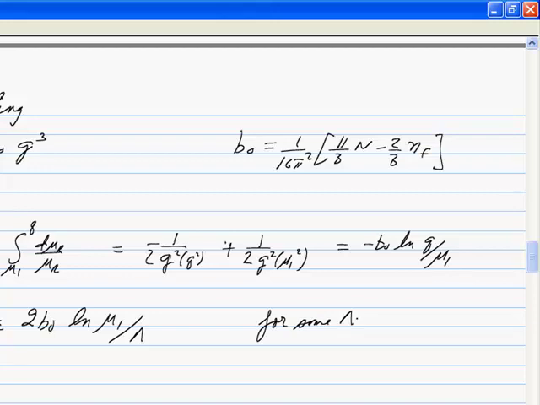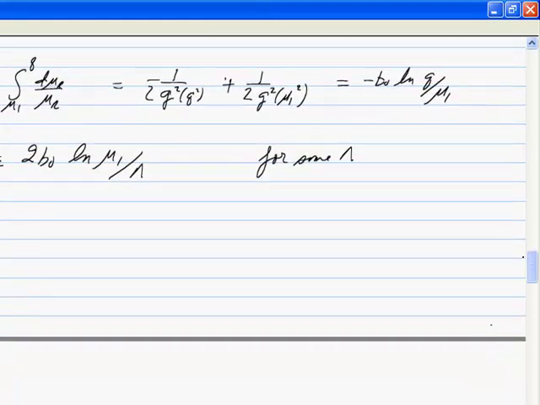Okay, this is just a definition of lambda, but this is some number. Mu1 is fixed. Lambda is adjusted to make that number work out.